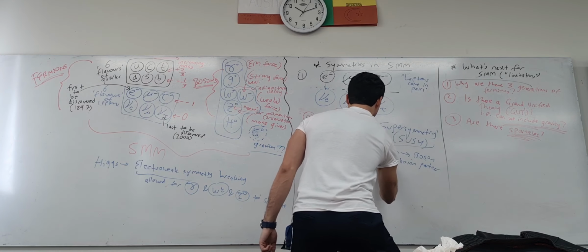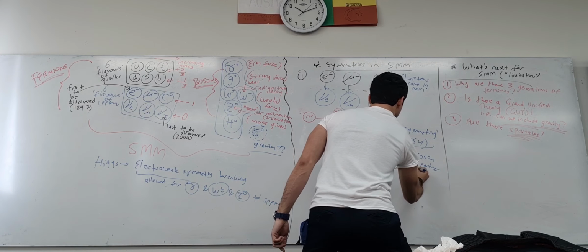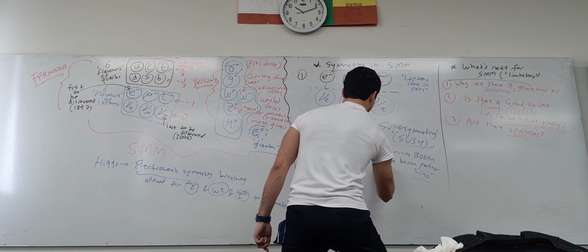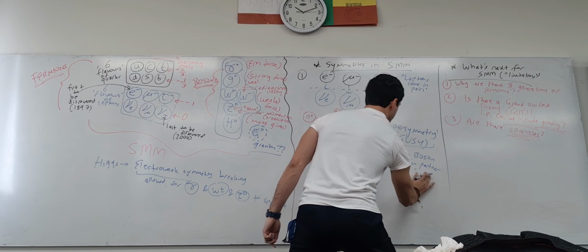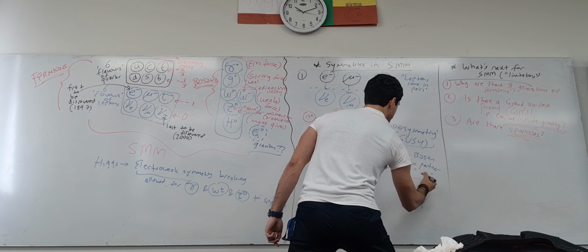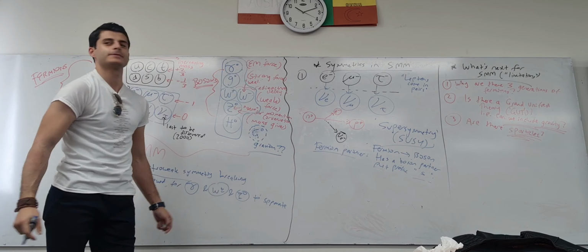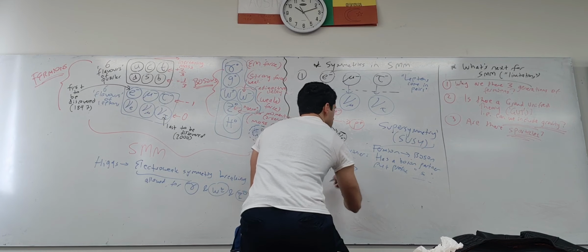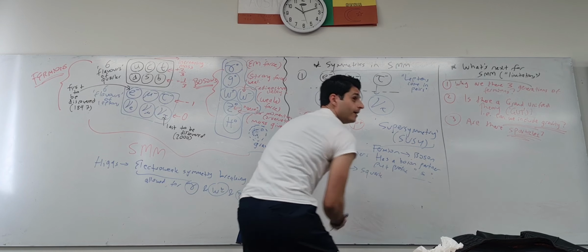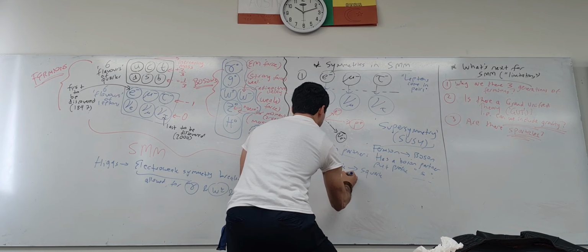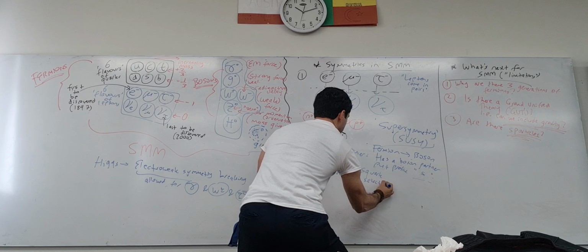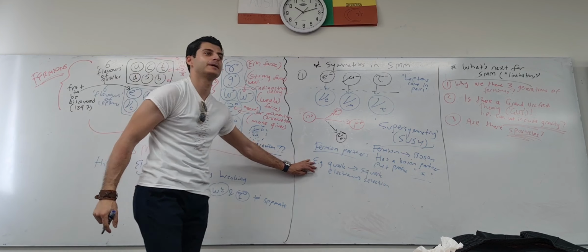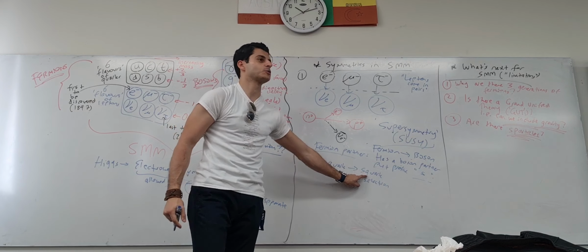You put the prefix S. Quark, squark. Electron, selectron. Muon, smuon. That's supersymmetry.